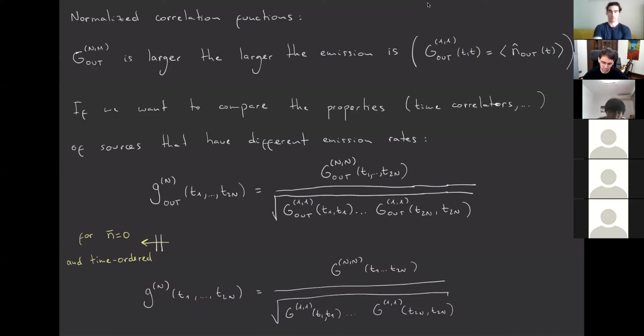So this is actually one of the motivations of why Glauber did this. And something similar happens with thermal light, as we will also see. So we can characterize whether a source is coherent, thermal, or is sending single photons out just by the study of this kind of normalized correlation functions. And this is what I want to explain in this class today.